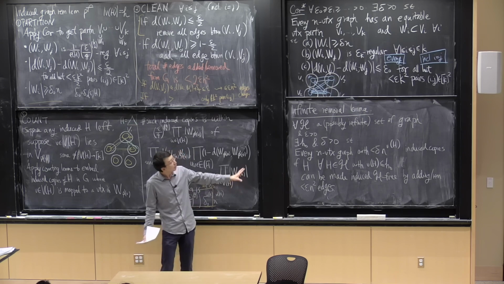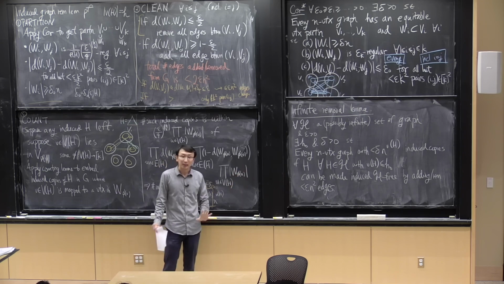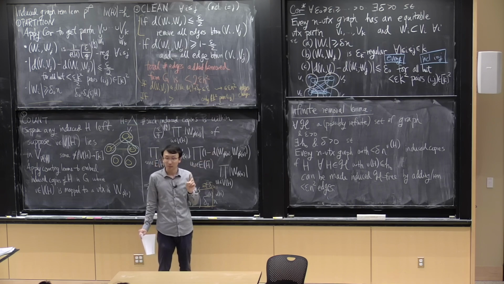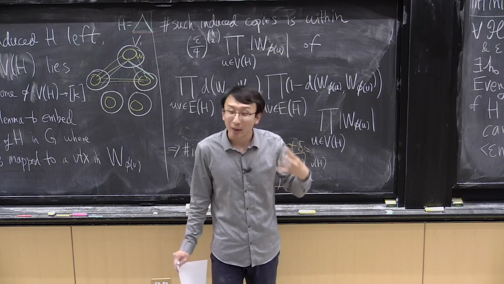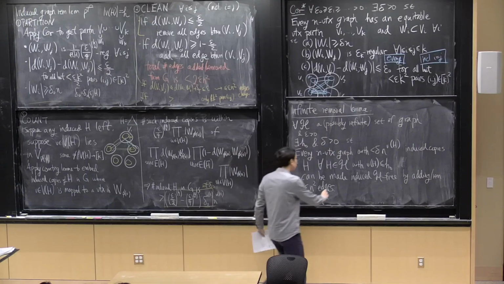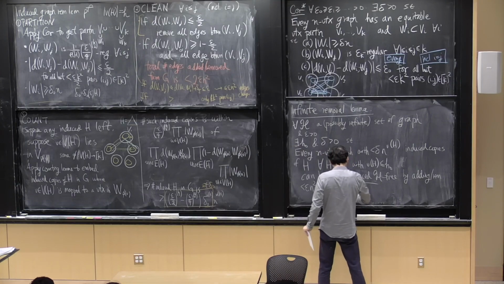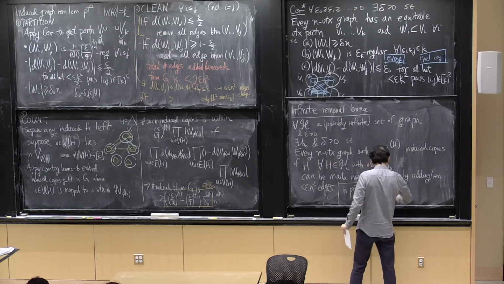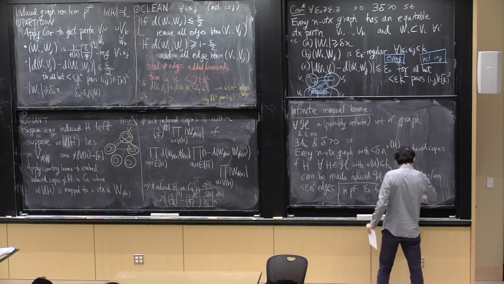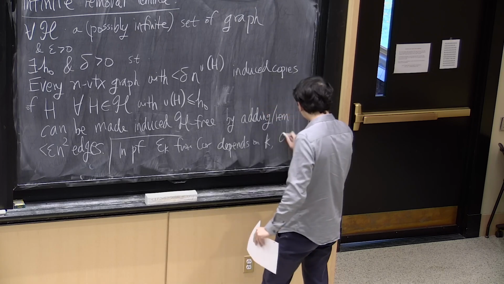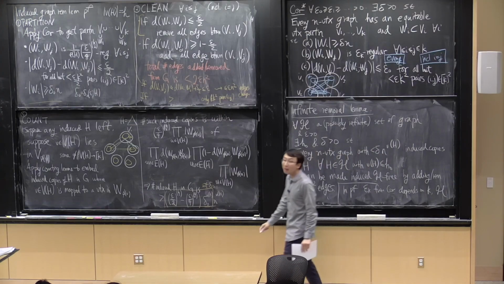And I claim that the proof is more or less the same as the one that we did here, except now you need to take your epsilon k, as in the corollary, to depend on k. You need to, in some way, look ahead in this infinite pattern. So in the proof, this epsilon k from the corollary depends on k, and also it depends on your family of patterns H.